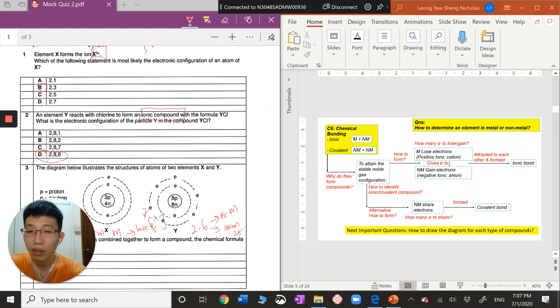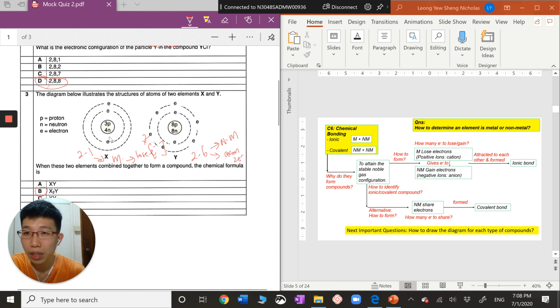The electronic configuration of particle Y in YCl will be a fully filled electronic configuration, so my answer will be D. If they ask for the electronic configuration of element Y, you need to give the configuration of Y as an atom. But now it says particle Y in compound YCl, which means you need to give the ion's electronic configuration.